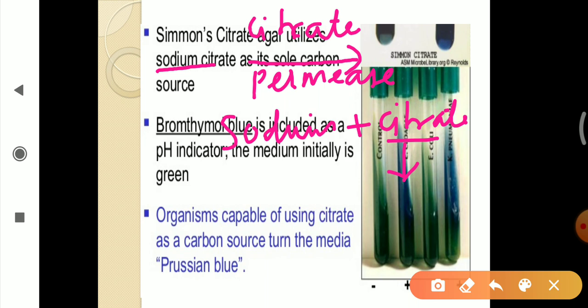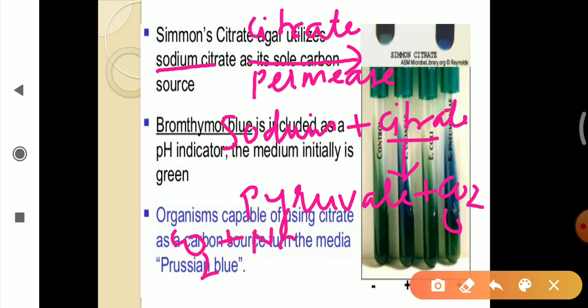Now the organism will utilize this citrate, and the citrate will be oxidized to pyruvate plus carbon dioxide. This carbon dioxide will be liberated, come into the slant, and react with sodium to form sodium carbonate, which is an alkaline compound.